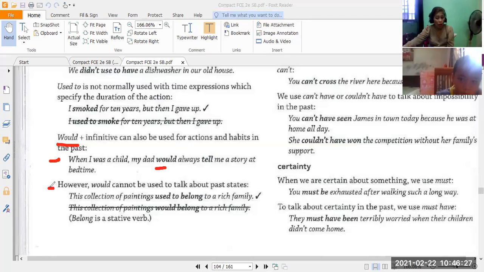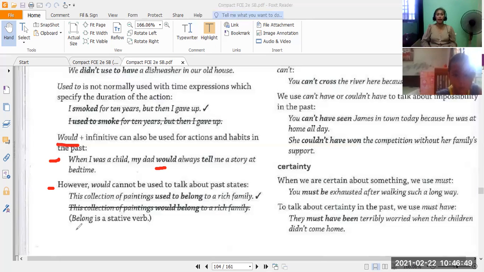However, Keo, would cannot be used to talk about past states. Look at this one. This is the exception. This collection of paintings used to belong to a rich family. That's the correct one.